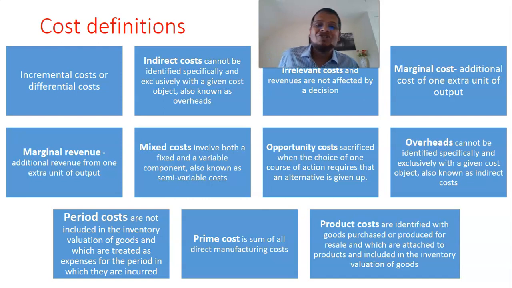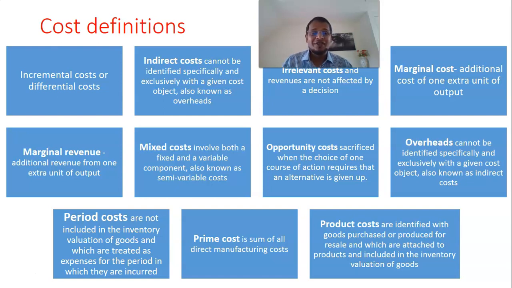We already defined indirect cost, that is not directly relating to the volume of activity or volume of products that we produce. So usually these are overhead cost. Overhead cost means electricity cost, water bill, gas bill, depreciation. Okay, so even if you increase your production, your annual depreciation will remain the same.